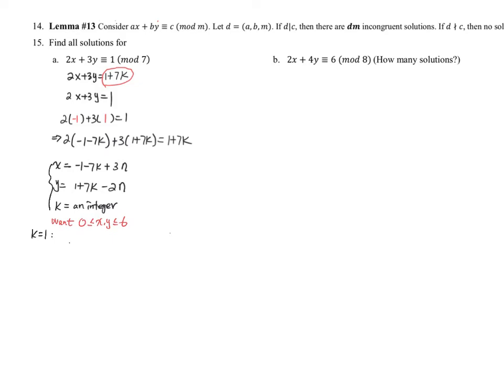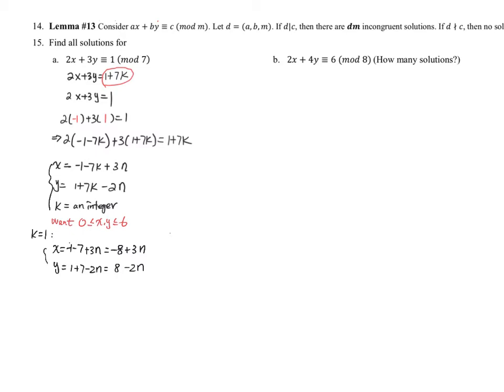So when k is 1, your x is negative 1 minus 7 plus 3n, which is negative 8 plus 3n, and y is 1 plus 7 minus 2n, which is 8 minus 2n. And then you try different n values.